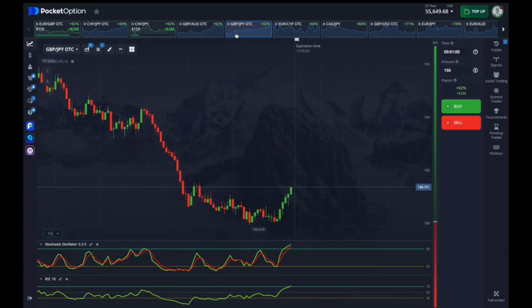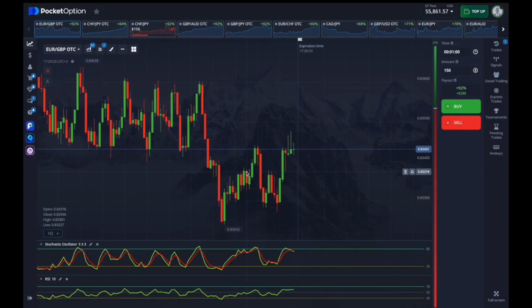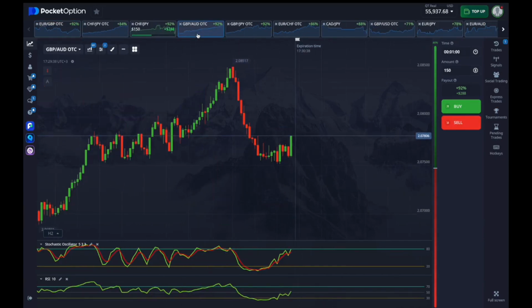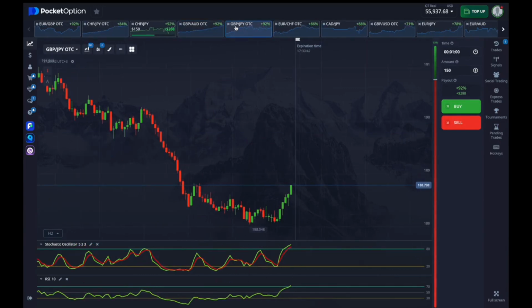A good situation is also developing in the British pound to Japanese yen pair. Here as well, we can see how the line is about to cross the D indicator, and we also have an oversold zone. Let's go back to the first trade. Great job, plus $288. Wait, I missed something for a second. Here it is, the pound to yen.